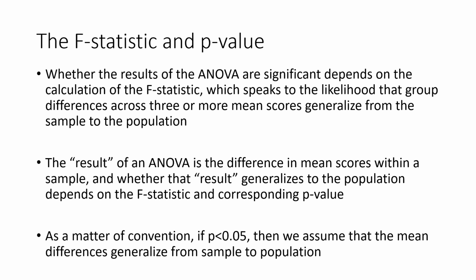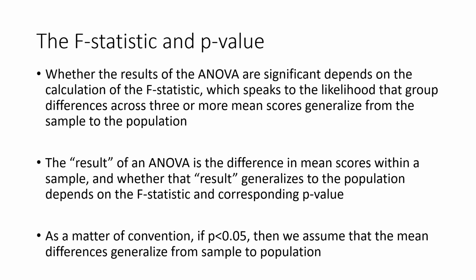And our p-value suggesting statistical significance implies that the mean differences within our sample that we've encountered probably or most likely generalize to the wider population. So when we carry out an ANOVA, we start by calculating the F statistic. And this F statistic says something about the magnitude of the difference in mean scores within our sample.